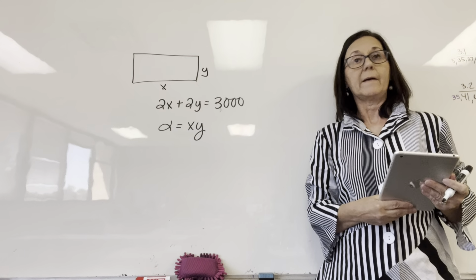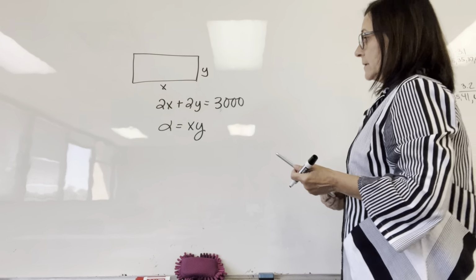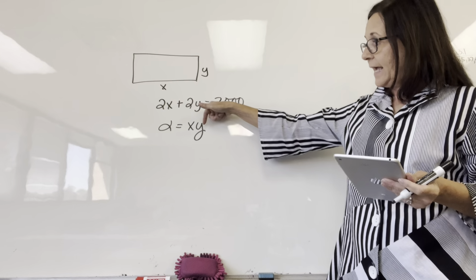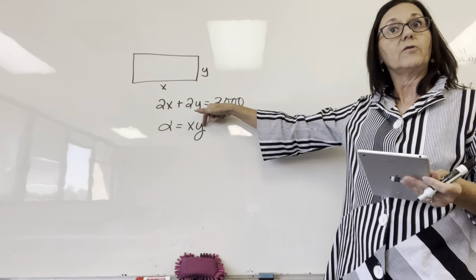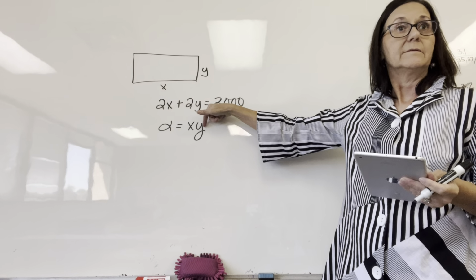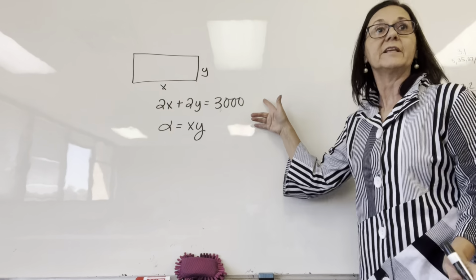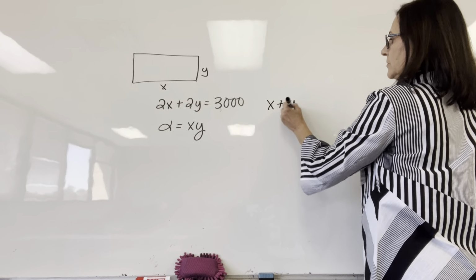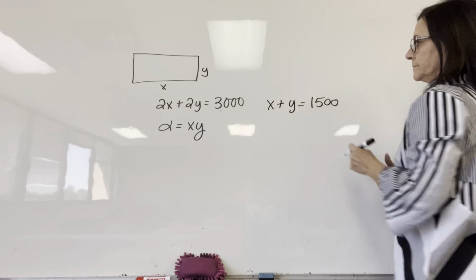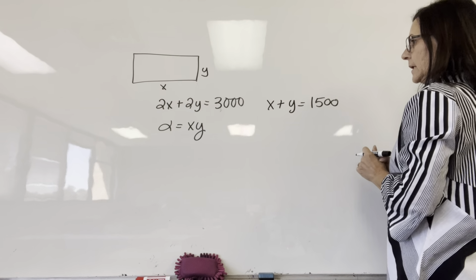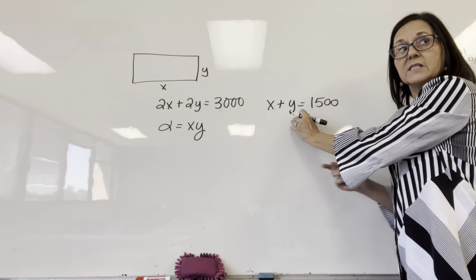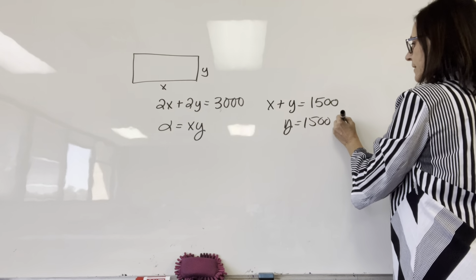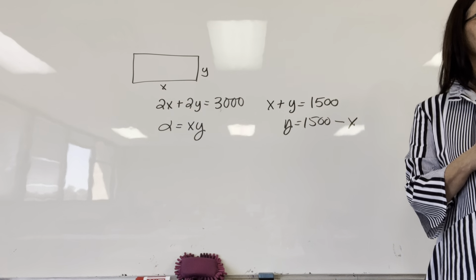It's going to look like a parabola. So I'm going to solve this equation for y and substitute y in here so that I only have x's. Does that make sense? First, I'm going to divide everything by 2. When I divide every term by 2, I end up with this. I'm solving for y so that y equals 1,500 minus x.